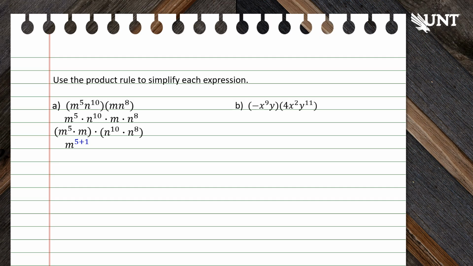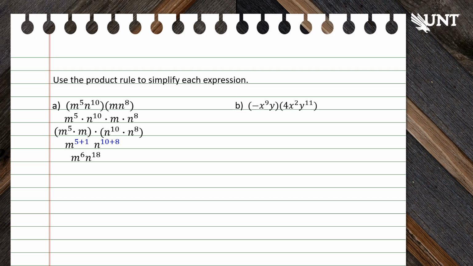Our other group, n, consists of n to the 10th times n to the 8th. Again, they have the same base, so we can keep the base and add the exponents, writing it as n to the power of 10 plus 8. And finally, we can simplify. Our final answer would be m to the power of 6, n to the power of 18.